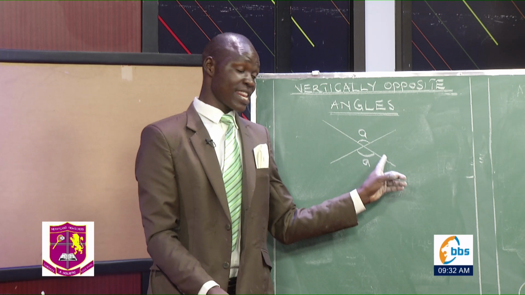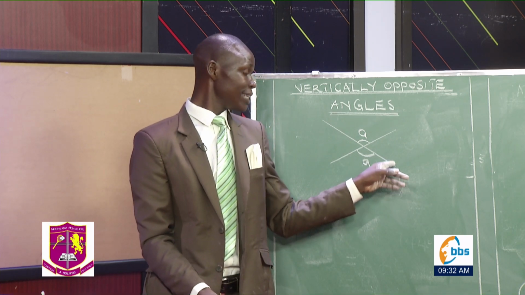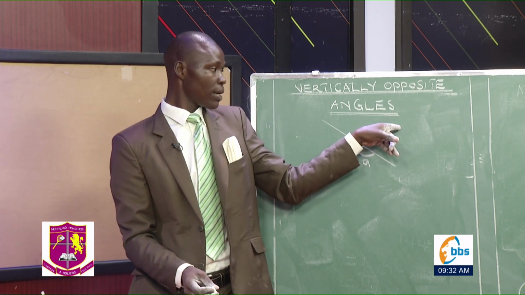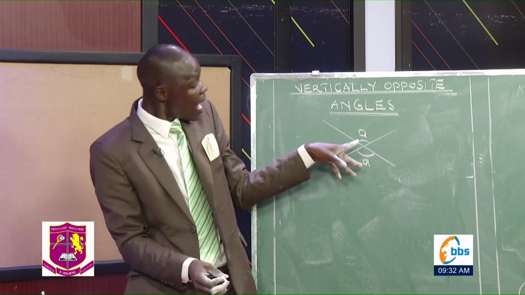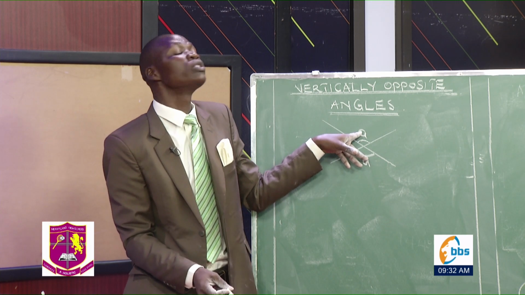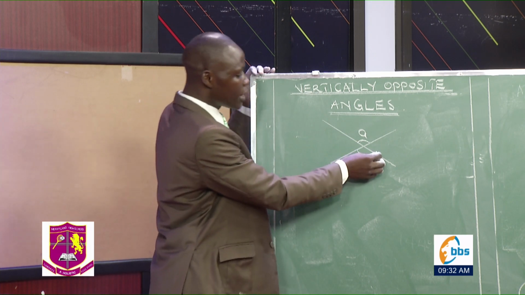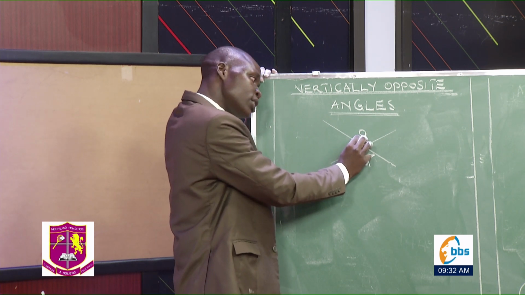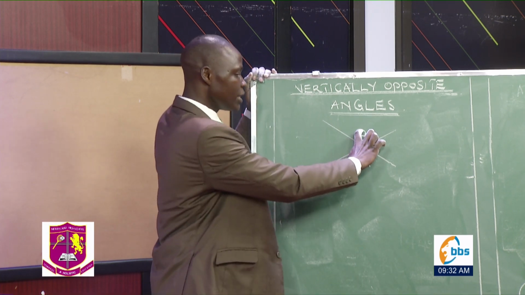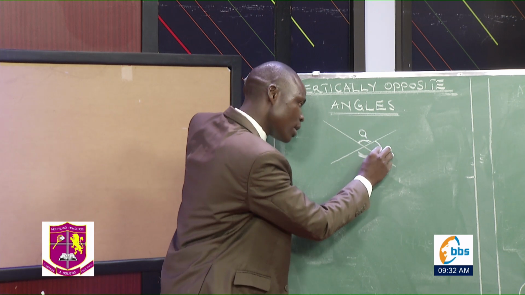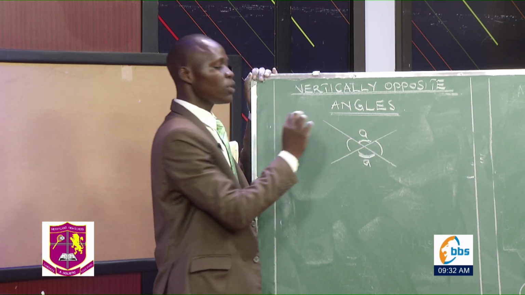You realize that when this line is intersected by this one, angles are formed here. So this one is vertically opposite to this one. These are what we call vertically opposite. Even this one is also vertically opposed to that one.